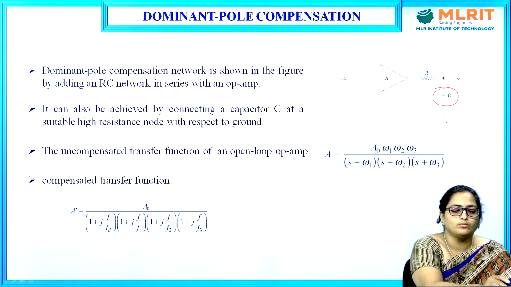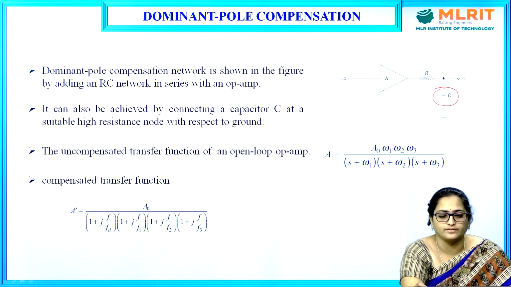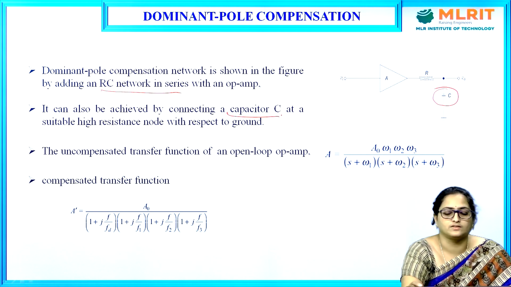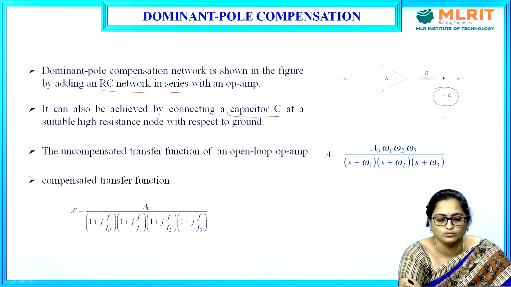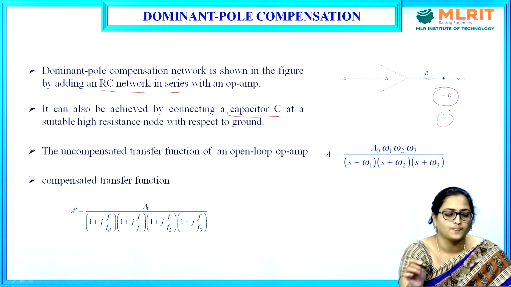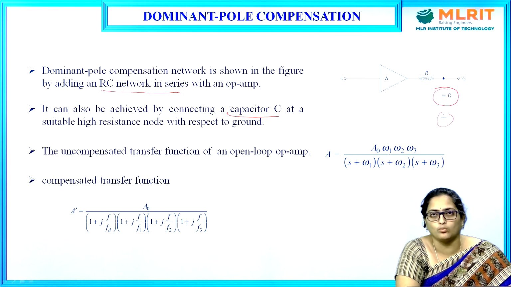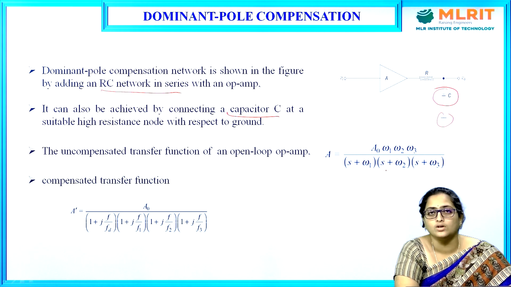The dominant pole compensator network is shown in the figure here by just adding an RC network in series with an op-amp. It can also be achieved by connecting a capacitor C at a suitable high resistive node with respect to ground. The uncompensated transfer function is given as A naught into omega 1, omega 2, omega 3 divided by S plus omega 1 into S plus omega 2 into S plus omega 3.